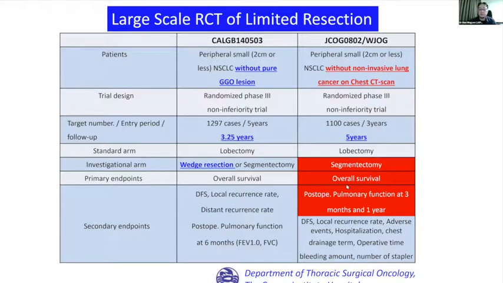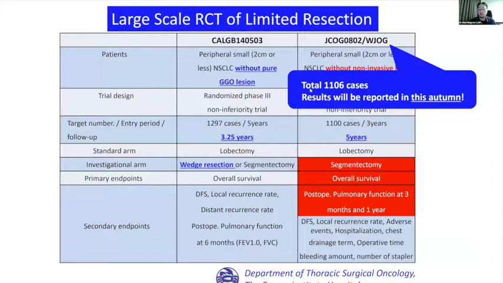If the surgical outcomes of segmentectomy are not inferior compared to lobectomy, and post-operative pulmonary function is better in segmentectomy, then segmentectomy may become a standard procedure for selected early-stage lung cancer. So the selection depends on you. Our surgeon selects the segmentectomy. So proper selection is important.